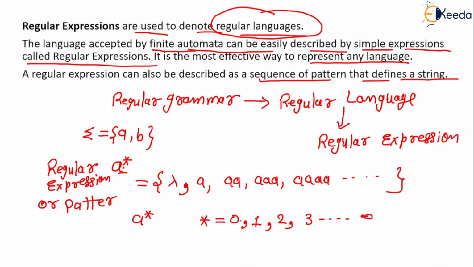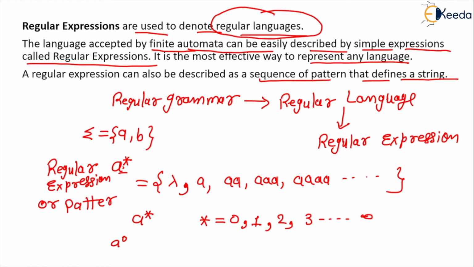When you put the value 0 in place of star, then A power 0. So what is the meaning of A power 0? Anything power 0, in maths, is 1.